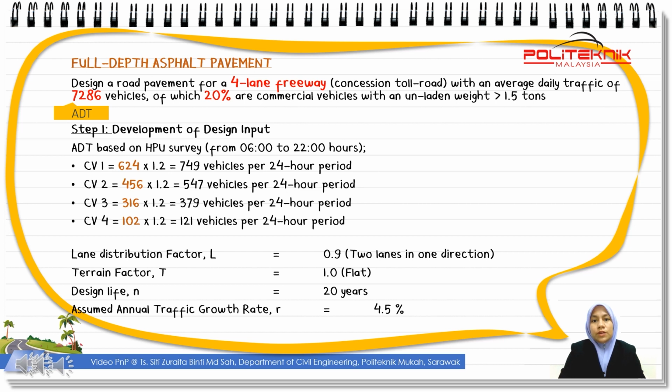B, the percentage of commercial vehicles, CV. Because the traffic count covers a time period of 6 to 22 hours, multiply the traffic count reported by HPU with a factor of 1.2.